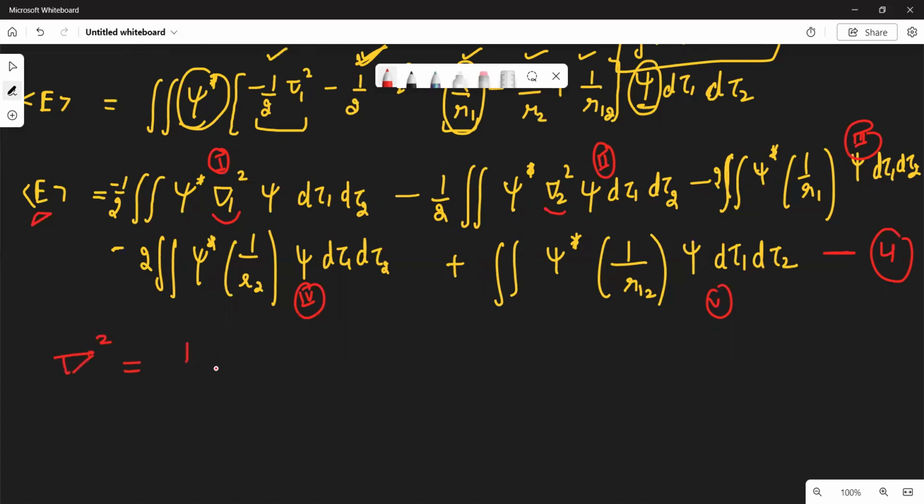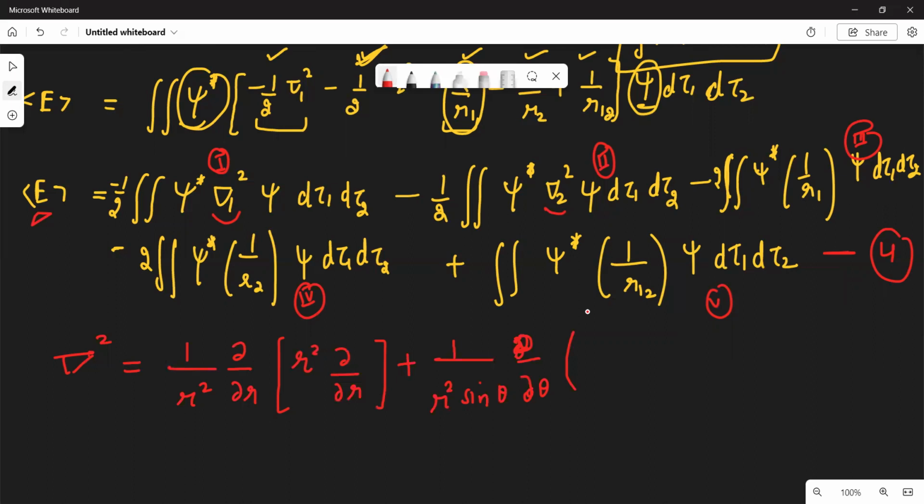Del square equals 1 by r square, del by del r, r square, del by del r, plus 1 by r square sine theta, del by del theta, inside the bracket we have sine theta, del by del theta, plus 1 by r square sine square theta, del square over del phi square.